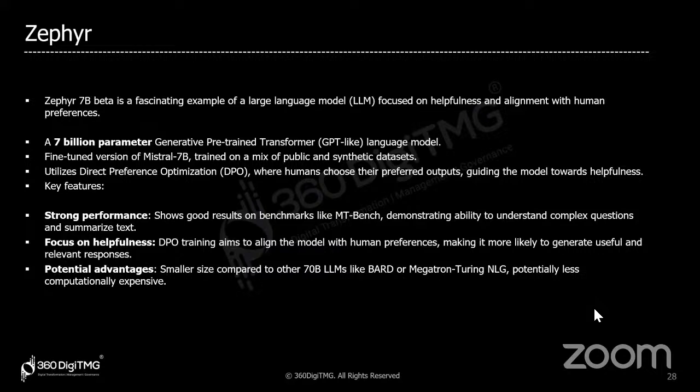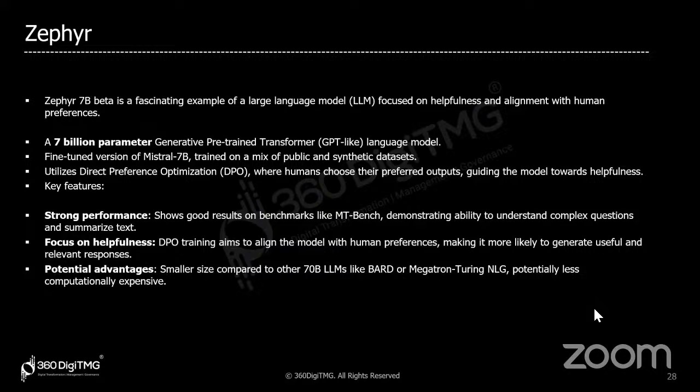A fine-tuned version of Mistral 7B, trained on a mix of public and synthetic data sets. It utilizes direct preference optimization where humans choose their preferred output, guiding the model towards helpfulness.